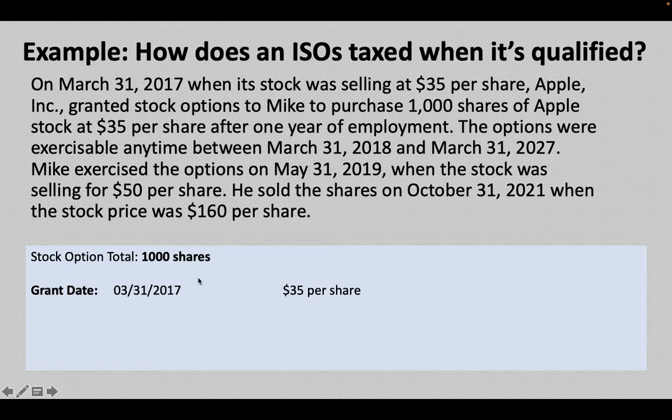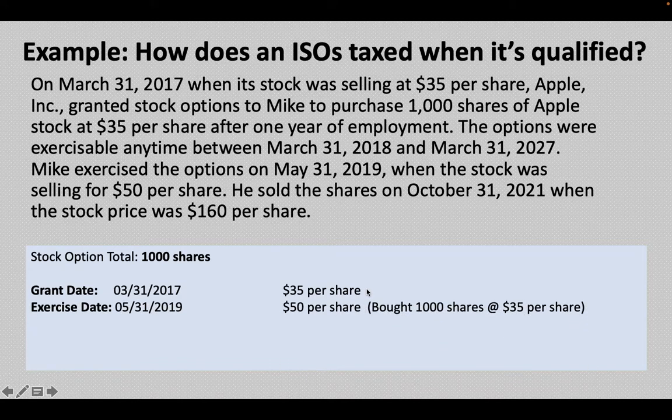The grant date is March 31st, 2017. Exercise price is $35, equal to the fair market value. Exercise date is May 31st, 2019, at $50 per share fair market value.